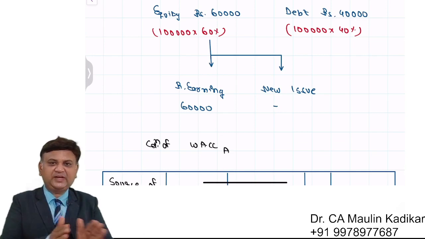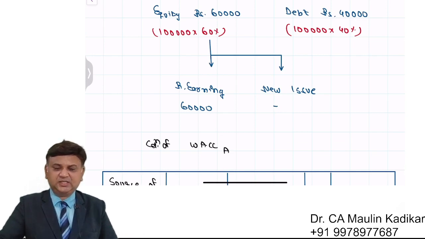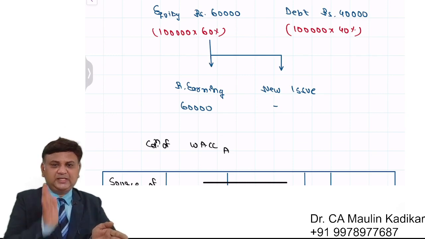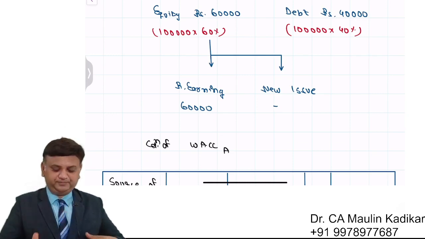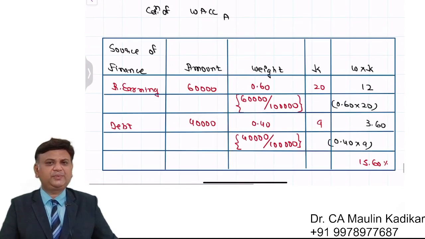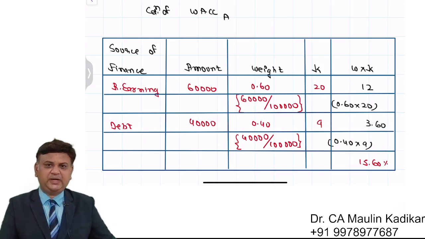As far as the equity financing is concerned, it is divided into two parts. Retained earning is 60,000 and new issue will be 0. Why? Because we require 60,000 rupees of the financing and the retained earning is also 60,000. Afterwards, weighted average cost of capital for project A. We know that the total 1 lakh rupees is required.